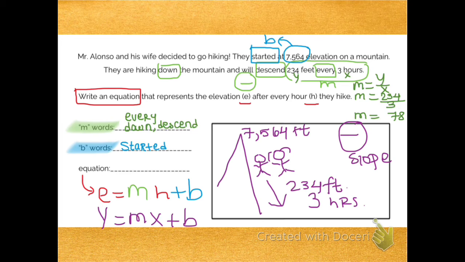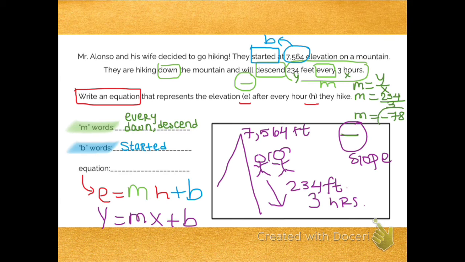Okay, so when you plugged in the numbers and did the math, you should have gotten 78. But is it positive? What was happening as time passed? What were Mr. and Mrs. Alonso doing? Were they going up, ascending, or going down, descending? They were going down, and we also wrote down here that it was going to be a negative slope, so we're going to add a negative in front of it.